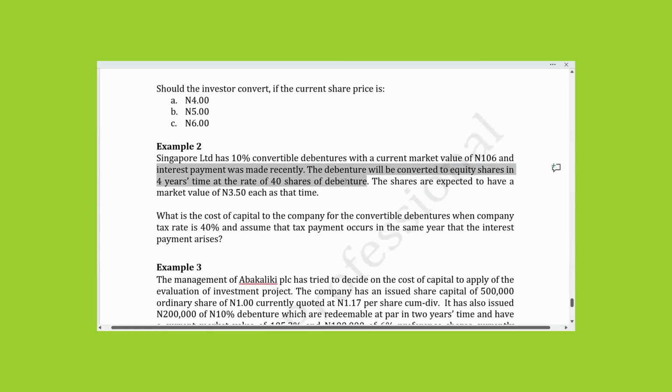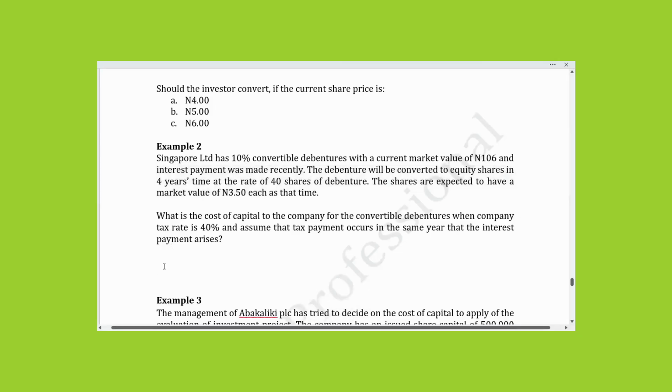The shares are expected to have a market value of 3 naira 50 kobo each as at that time. What is the cost of capital to the company for the convertible debentures when the company tax rate is 40%, and assume that the tax payment occurs in the same year that the interest payment arises? Thank you very much, Nancy.